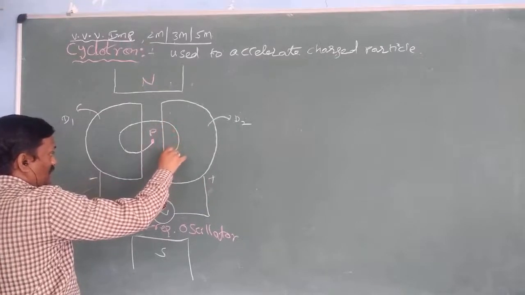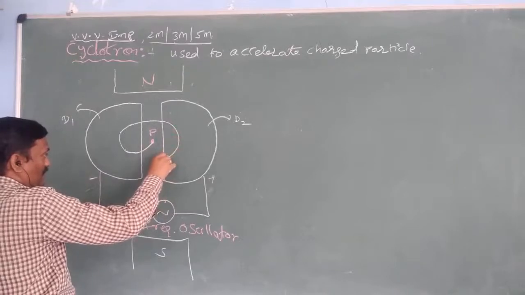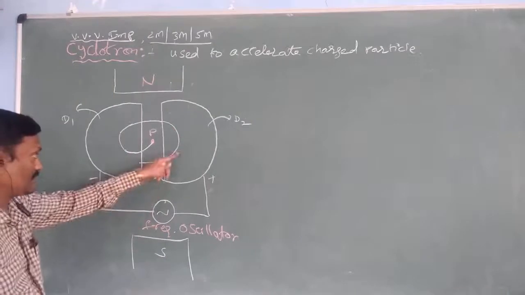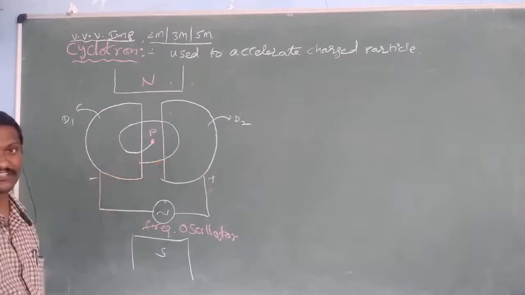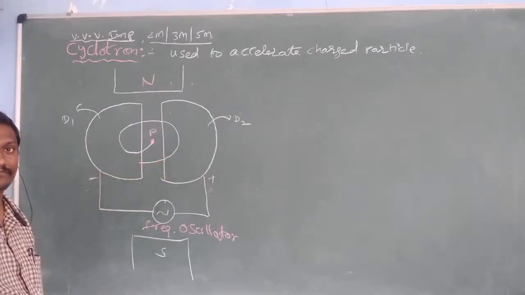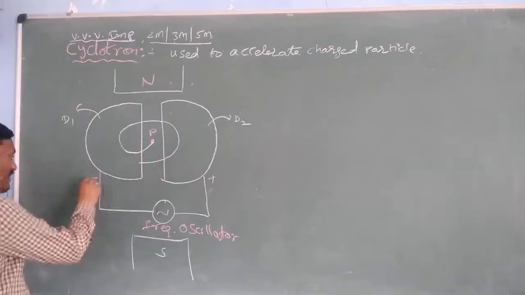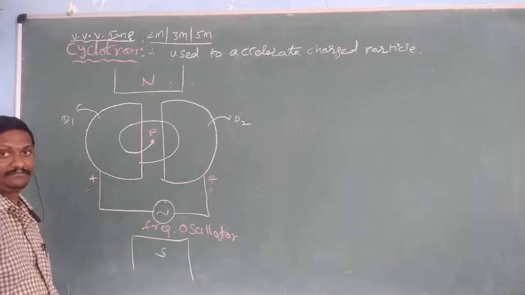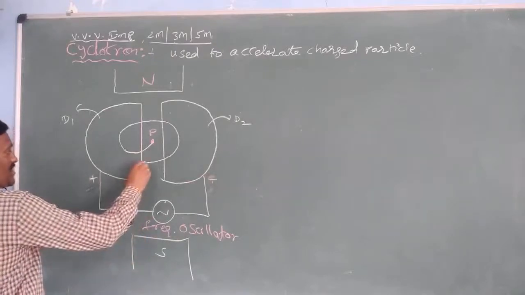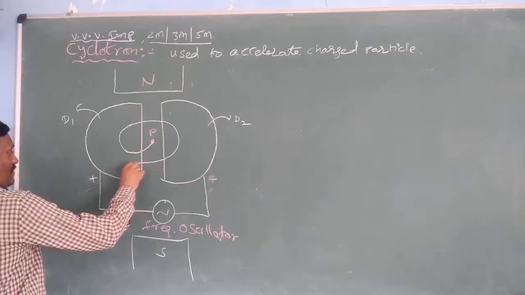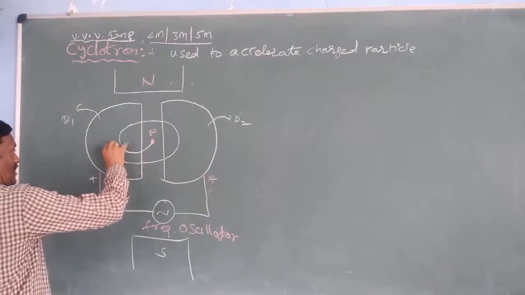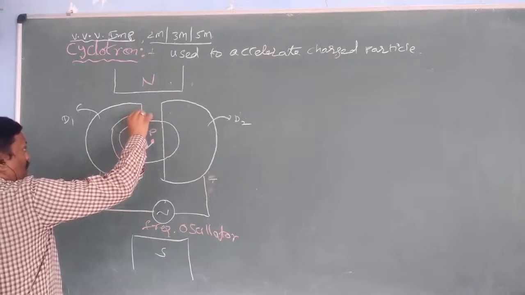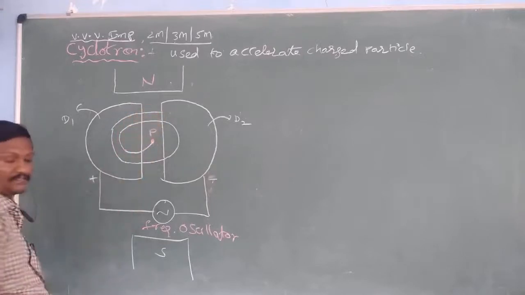It completes a circular path and comes out from disk D2 and enters into disk D1. At this time D1 has positive polarity and D2 has negative polarity. Again, when the charged particle enters a positive field, acceleration takes place, it completes a circular path, comes out from disk D1 and enters into disk D2.